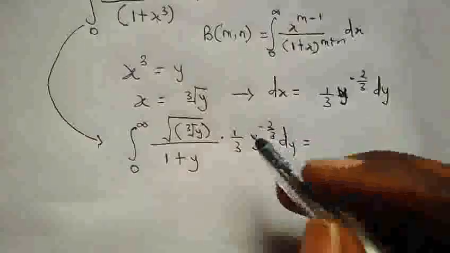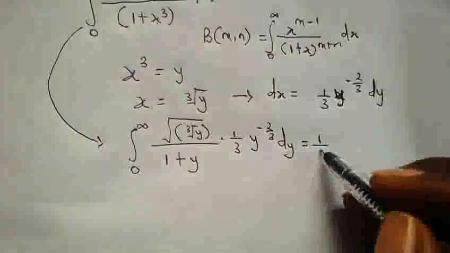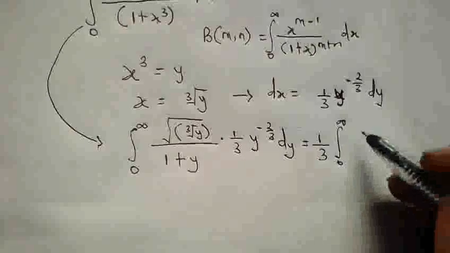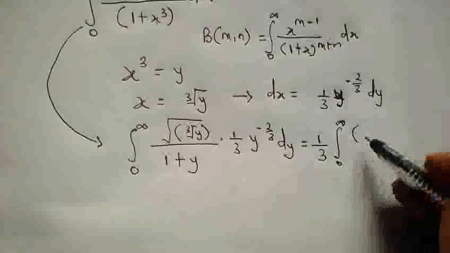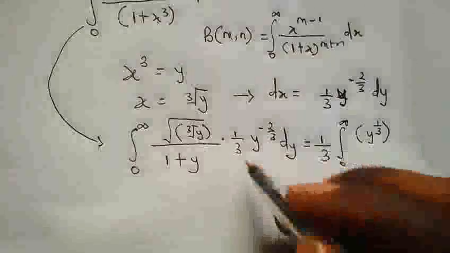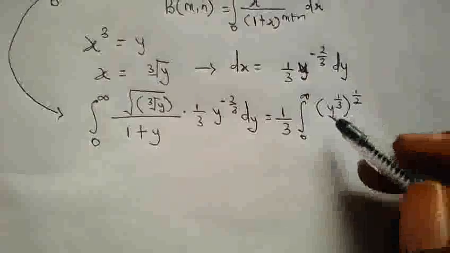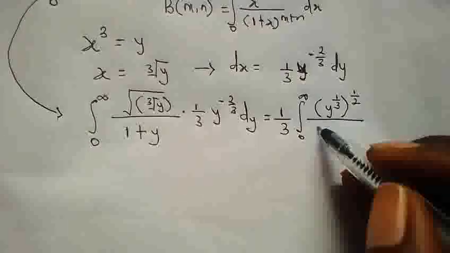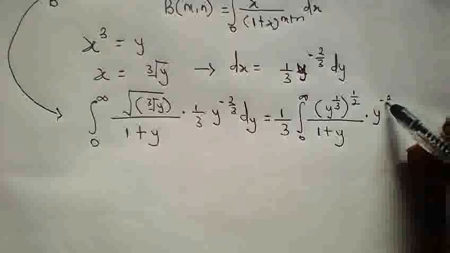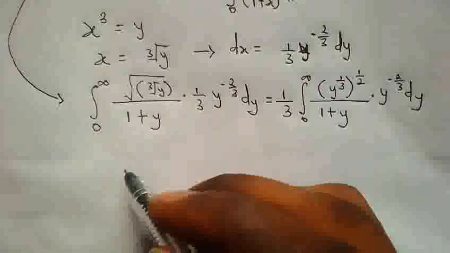Now we can write as follows: 1 over 3 integral from 0 to infinity. Remember, the cube root of y is y raised to 1 over 3, and the square root is also 1 over 2, like this. So all over 1 plus y, then times y raised to negative 2 over 3 dy. This makes sense.